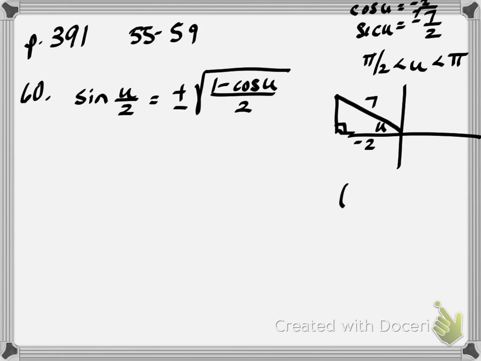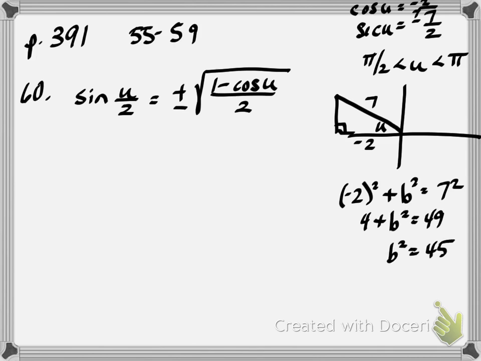Pythagorean theorem, a squared plus b squared equals c squared. So b squared is 45. So b is 3 square root of 5. And I need the positive root there. All right, there's our term.